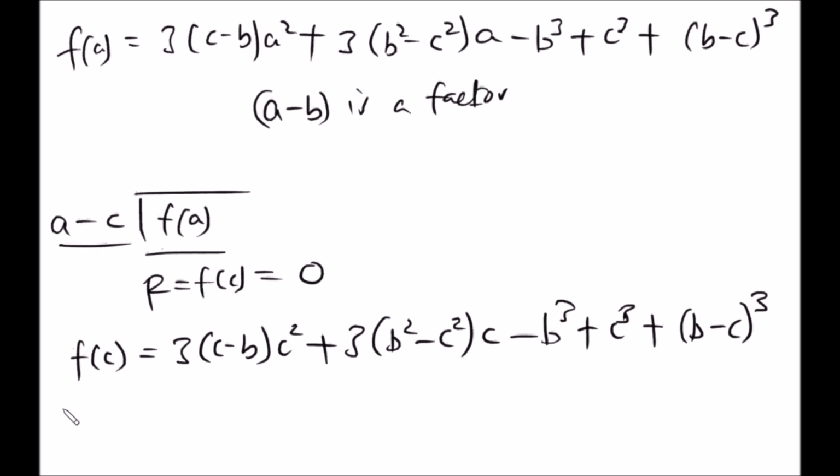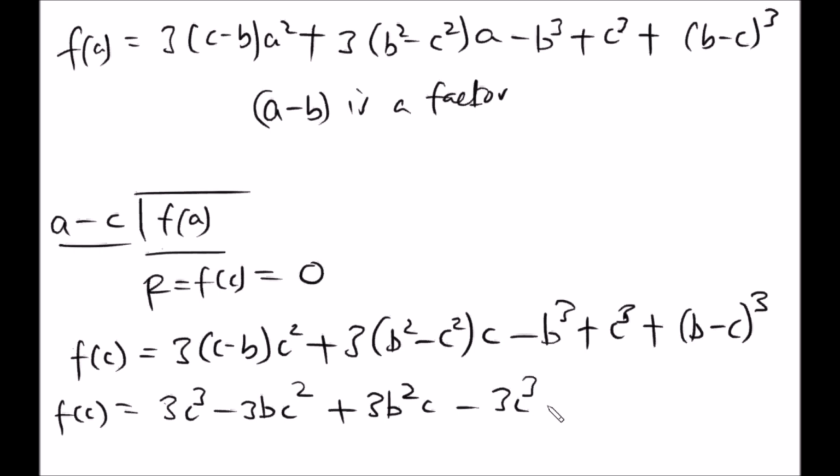Kwa hiyo f of c now itakuwa sasa ukiexpand hapo ni 3c cube minus 3bc squared plus 3b squared c minus 3c cube. So minus b cube plus c cube, so plus b minus c cube. So huyu 3c cube positive anakufa na huyu.